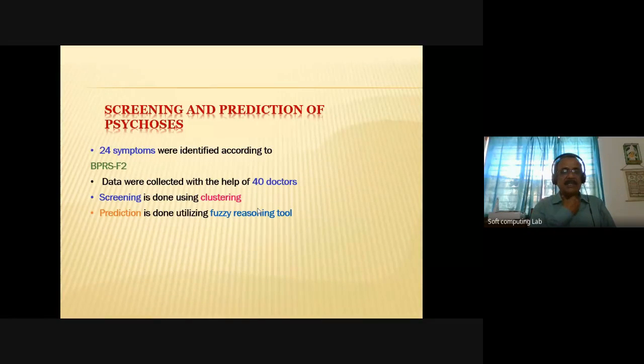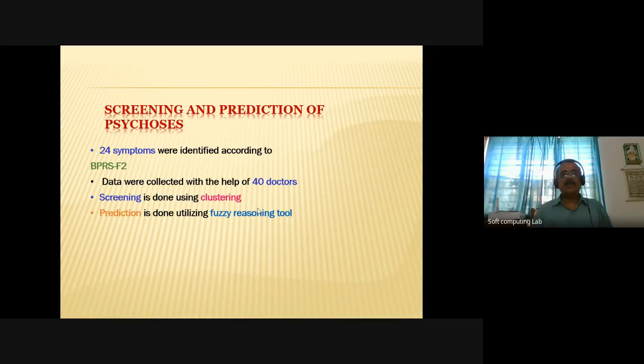We used clustering as a screening tool and a fuzzy reasoning tool as a prediction tool, as if we tried to model the knowledge base of an expert medical doctor in the field of psychosis or mental disease.